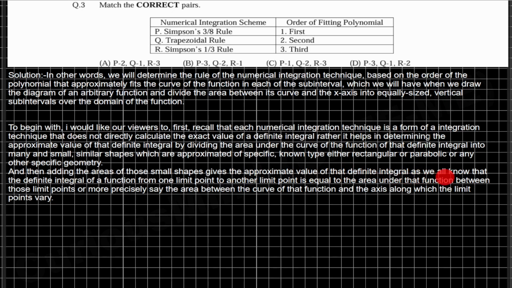As we all know, the definite integral of a function from one limit point to another limit point is equal to the area under that function between those limit points, or more precisely, the area between the curve of that function and the axis along which the limit points vary.